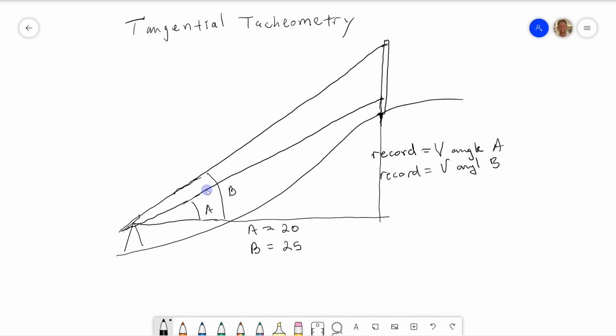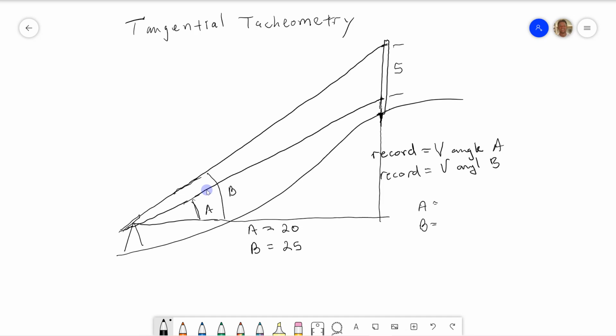So we've got angle A and we have angle B. I forgot. I'm working it out with you guys. And we have this dimension here. Let's call that 5.